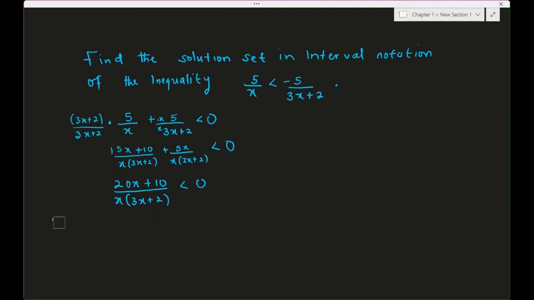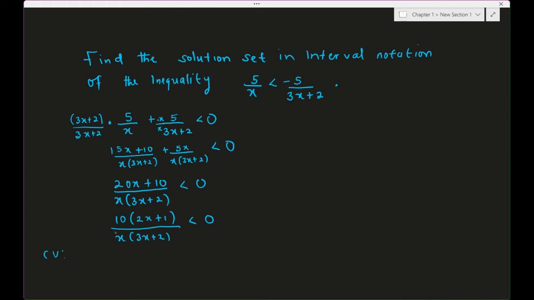I think we can factorize this. In the numerator, we can write 10 as a common factor so that you have 2x plus 1, and here we still have the denominator. So we can take the critical values directly.